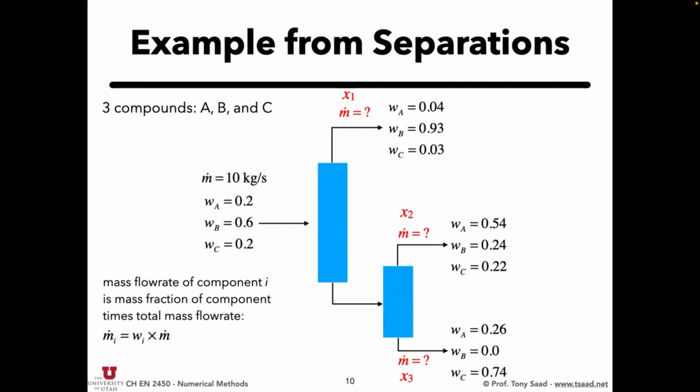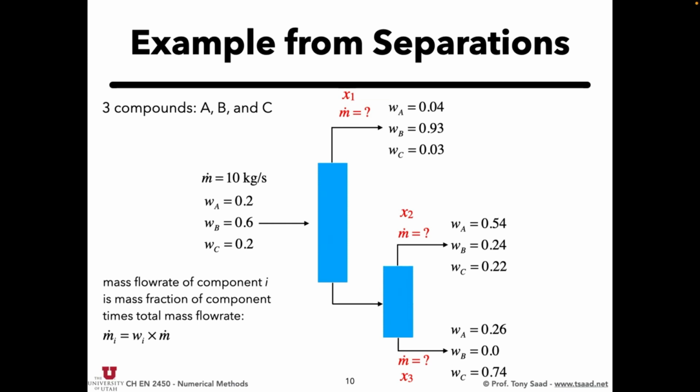Sometimes I go on tangents to explain a little bit more in depth where the equations came from. But occasionally there are simple examples like this one where, with just basic logic, you are able to derive a system of equations yourself. So this is an example in separations.